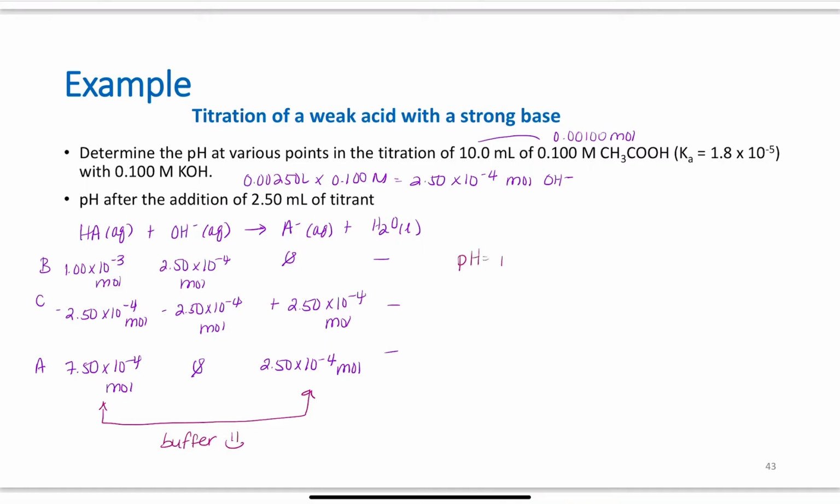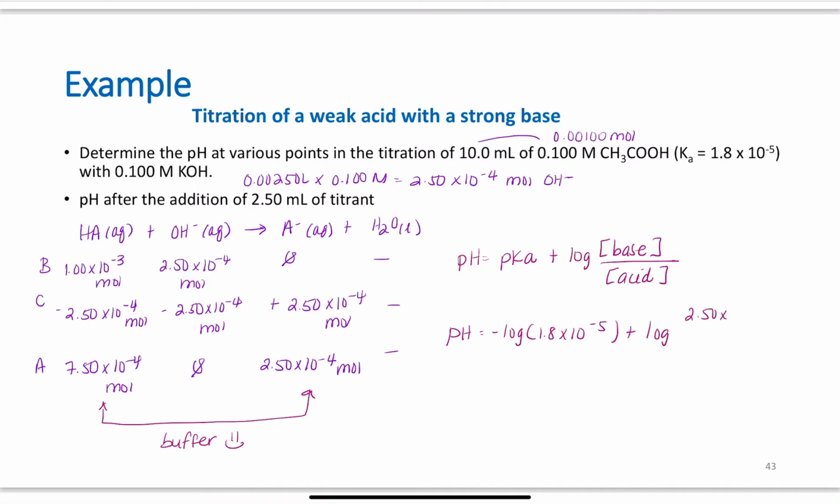So Henderson-Hasselbalch: pH equals pKa plus the log of the concentration of base over the concentration of acid. pH equals negative log 1.8 times 10 to the minus 5th plus the log of my base.